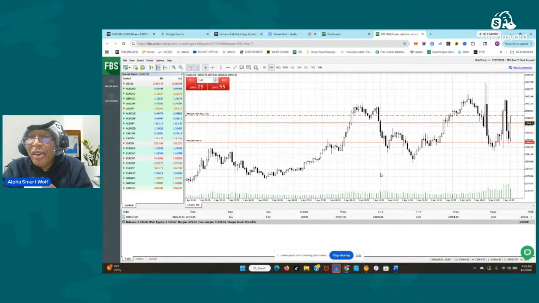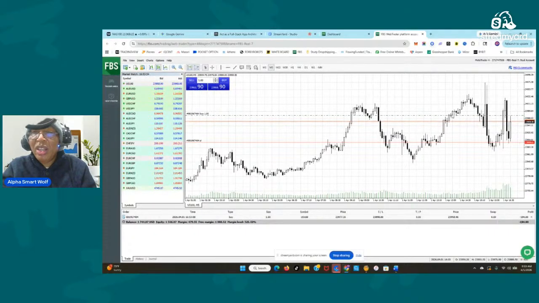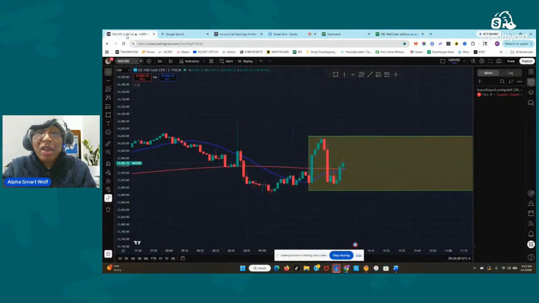We entered there. It was a little late because you want to enter as soon as it crosses this. So we entered, and then there was a massive pullback that we're going to wait for. This is 5 minutes right here. This is a 5-minute candle. So we're going to keep an eye on that.